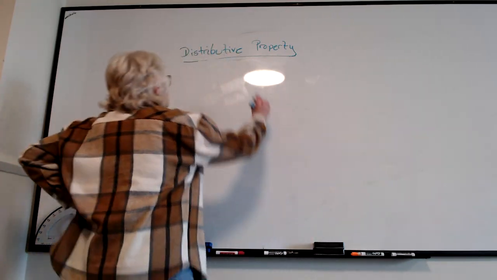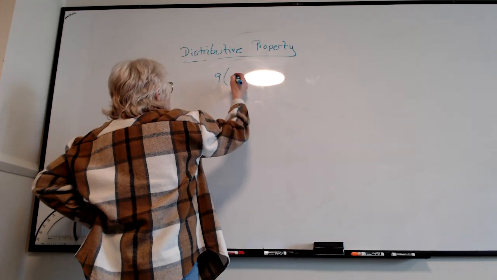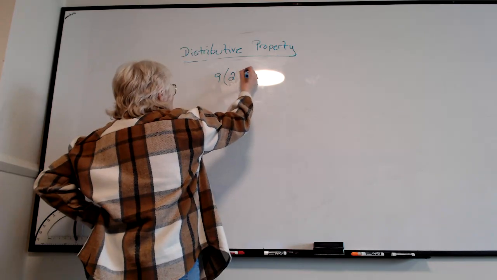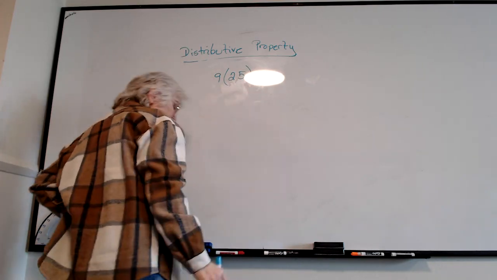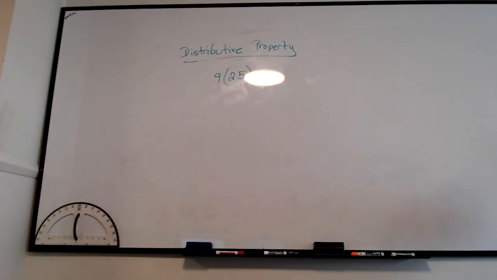Okay, we are going to take the number 9 times 25 right now, okay? Now, some of you can do that problem. You know how to multiply that. I'm showing you how to use the distributive property. How could I write 25 as two different numbers?